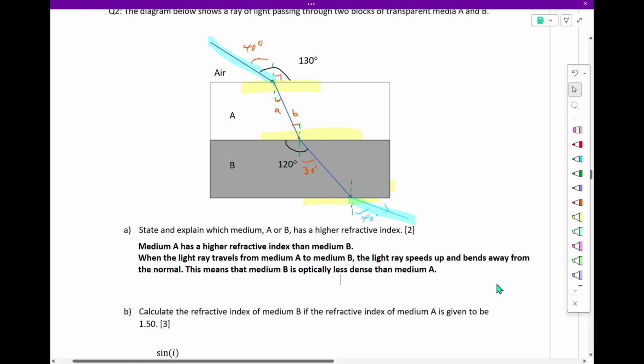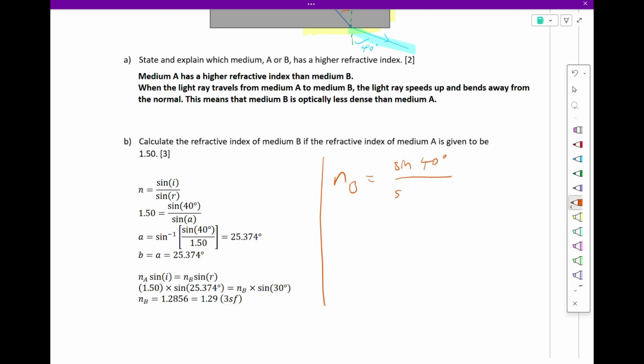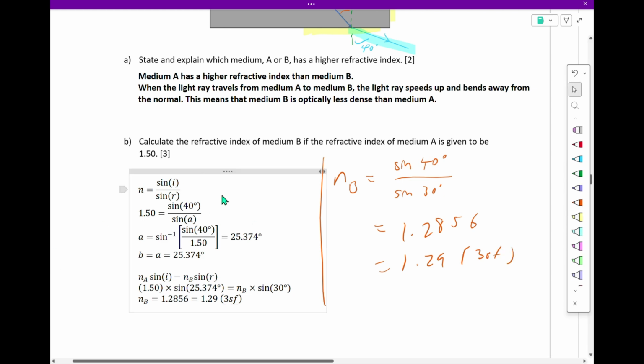So if you know that that is parallel, using your alternate angles you can actually find 30 and 40, which means you can actually directly solve for B by using sine 40. Remember, we always use big angle over 30 degrees. So this question is very tricky. However, if you were to know the concepts well, you can actually directly solve that this is 1.2856, 1.29 3SF directly without doing all these complicated steps.